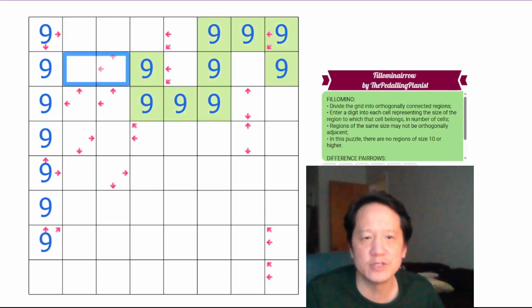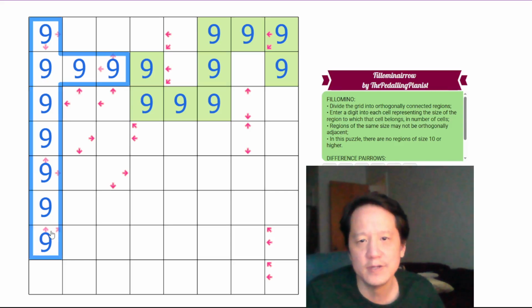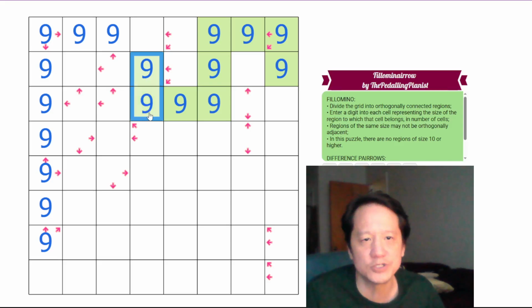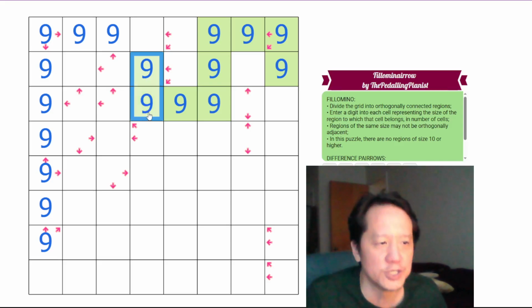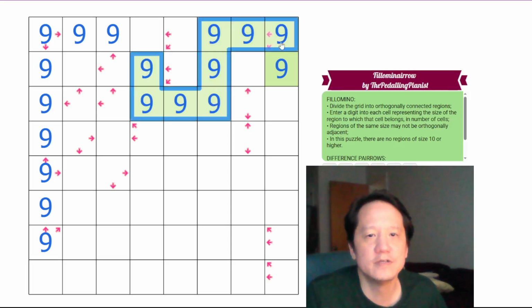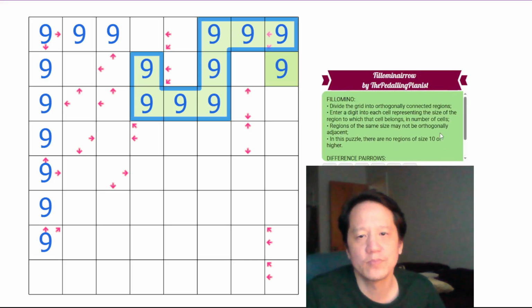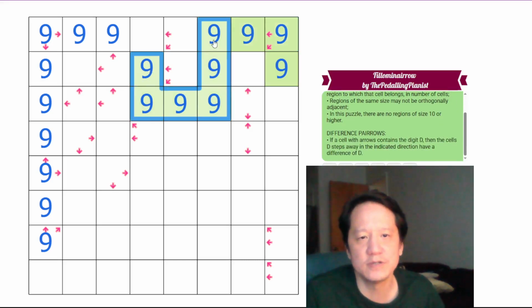But you could not have something like this because then it becomes too ambiguous of a problem. So regions of the same size may not be orthogonally adjacent, which means they can't share an edge with any region that has the same number of cells. And in this puzzle, there are no regions of size 10 or higher. So 9 is the largest region we can have.